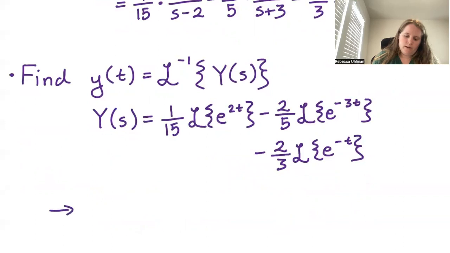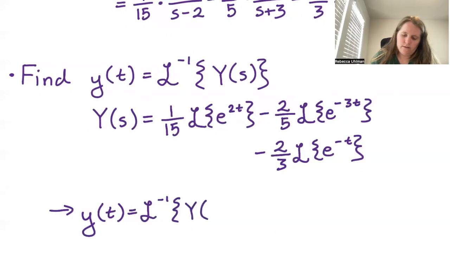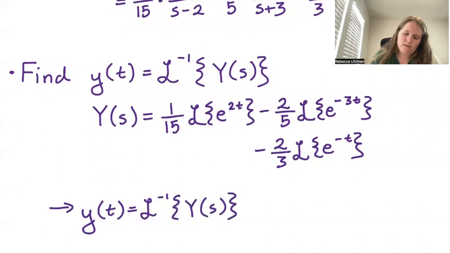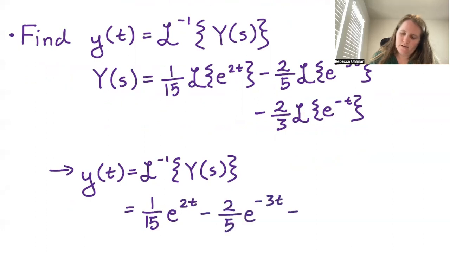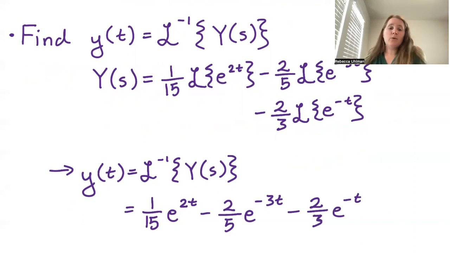And so we get that our y of t, which is just the inverse Laplace transform of Y of s, is 1/15 times e to the 2t minus 2/5 times e to the negative 3t minus 2/3 times e to the negative t. So in this process, we have found our particular solution and we have solved for C1, C2.